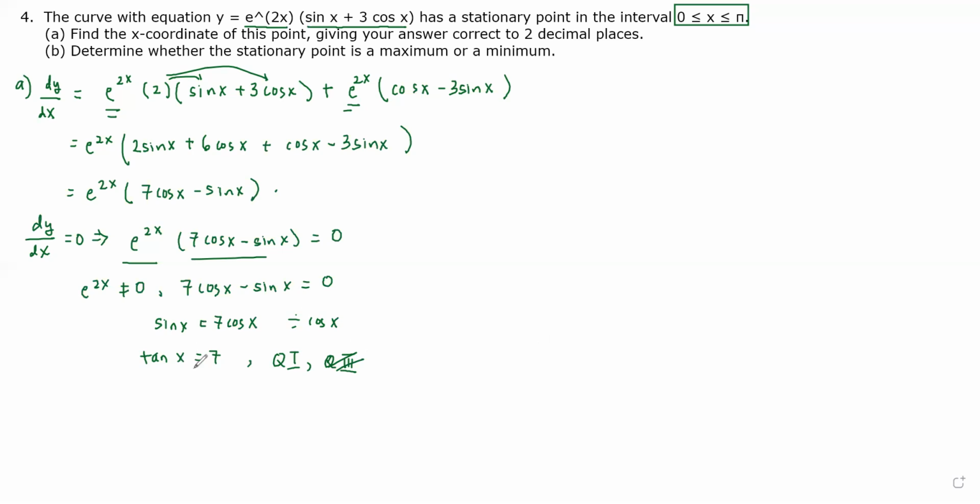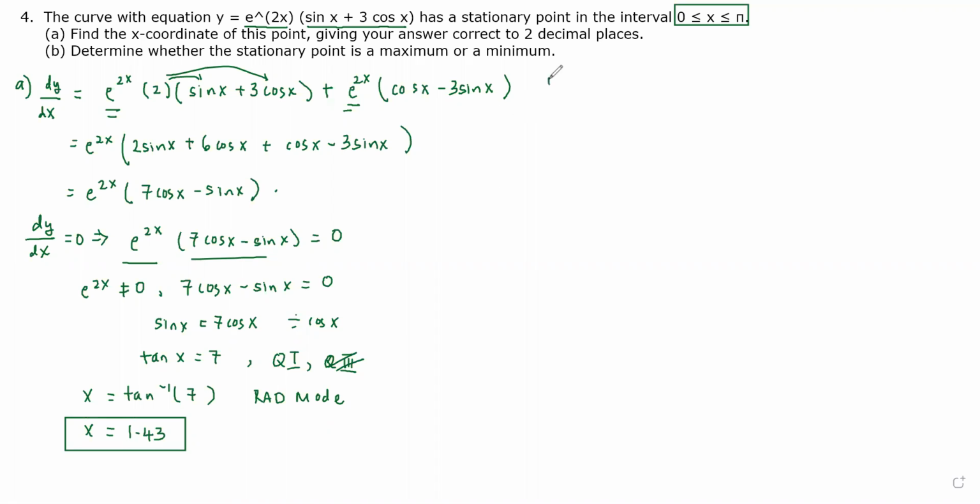We need to solve for x in quadrant 1, and this is given by inverse tangent of 7. Now, x is in between 0 and pi, so you need to make sure that you are in radian mode when solving this. Then x is 1.43. So the x coordinate of the stationary point is 1.43.